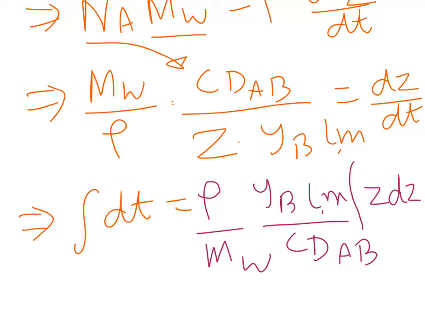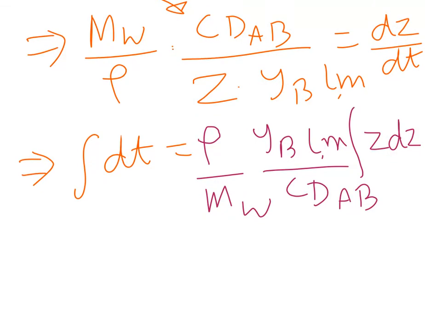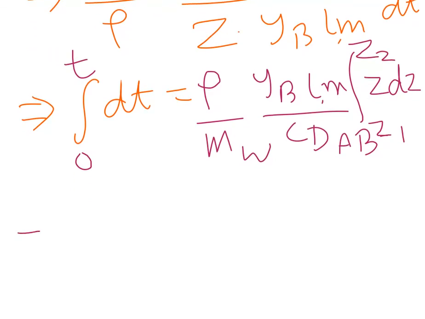So we integrate. Okay, if we assume that initially time is 0, t equal to 0 to t, then capital Z1 to Z2. So that's the equation.